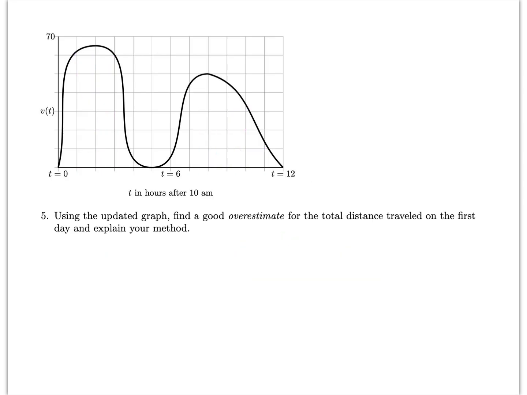Using the same updated graph, I want to find an overestimate for the total distance traveled on the first day. So I want to use rectangles again because they're easy to find the area of, and I'm going to overestimate the distance traveled by overestimating the area under the curve. So I'm going to count some area that's not actually under the curve. All right, so I'm going to make a rectangle over this first hump.